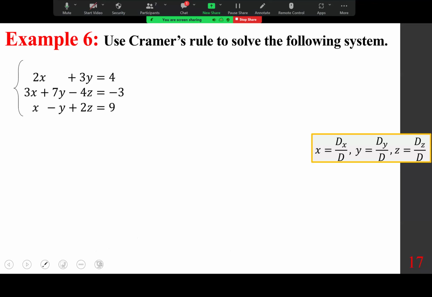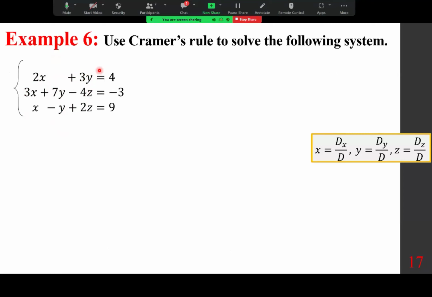So D would be the determinant of a coefficient matrix. So column-wise, it's easier for me to write 2, 3, 1. The y, I don't have any here. Oh, y, I have it, I'm sorry. 3, 7, negative 1.